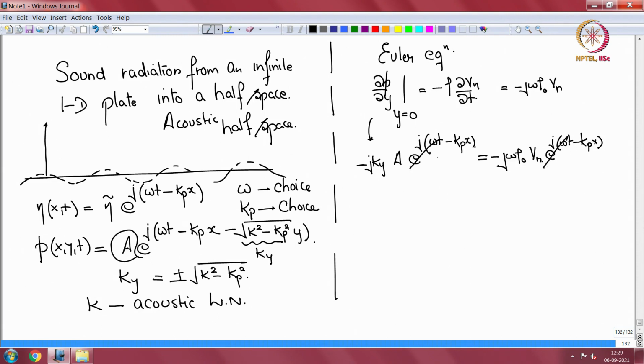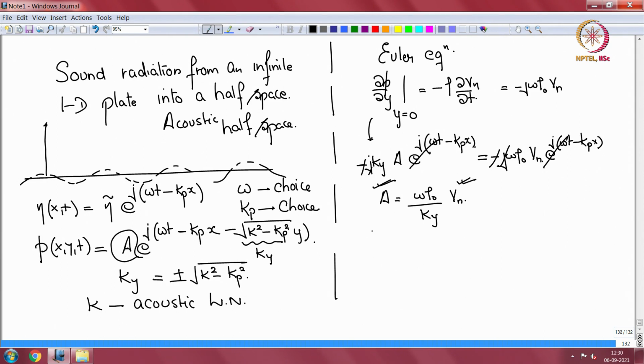Okay, so now if I cancel minus and j, A is given by omega rho 0 by ky into Vn. Now this is a pressure amplitude, this is my velocity.